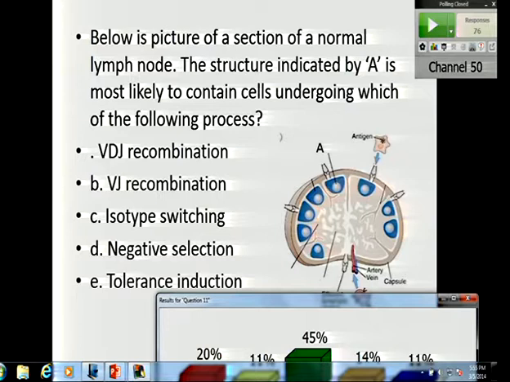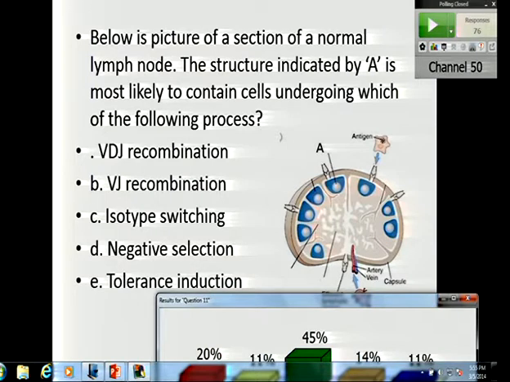Isotype switching can happen in already differentiated plasma cells. Plasma cells differentiate there in the medulla. Anyway, isotype switching can take place anywhere in the lymph node. But the plasma cells, yes, they predominate.